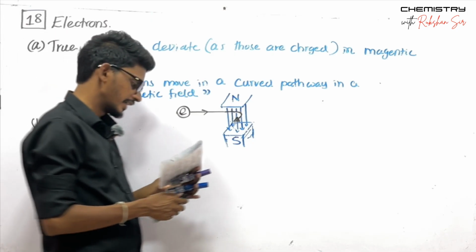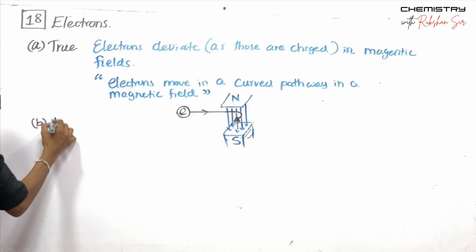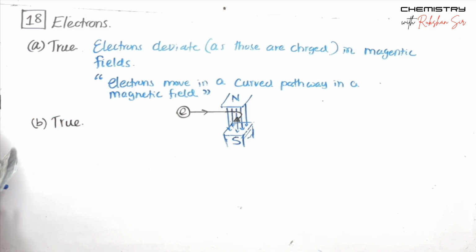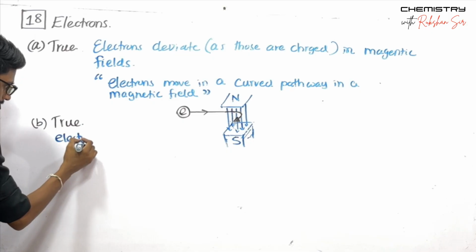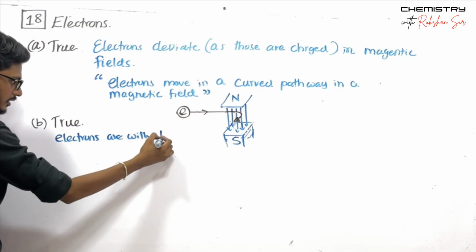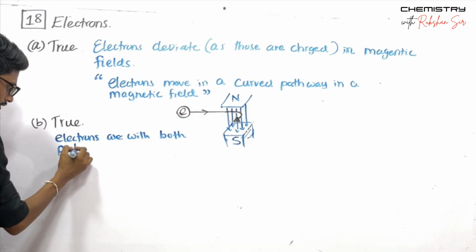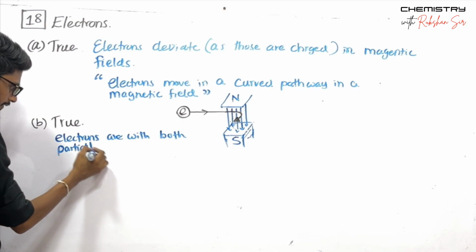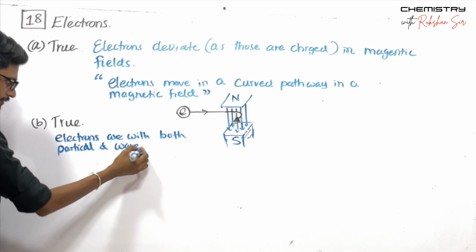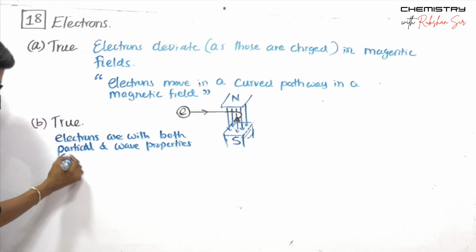B. Electrons have both particle and wave properties. This is also true. Right? Electrons are with both particle and wave properties simultaneously.